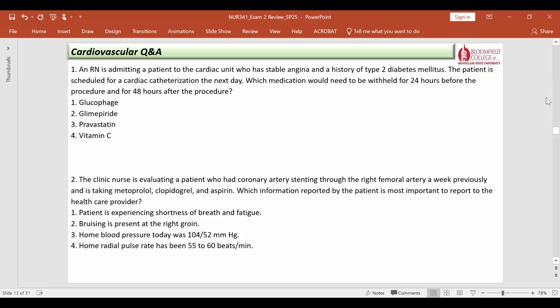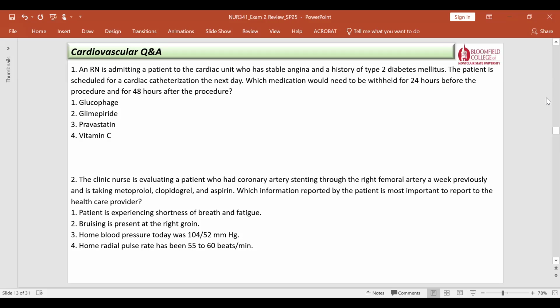These can be math questions, not dosage, but math questions. If you have systolic and diastolic, you take one systolic plus two diastolics, divided by 3, and that will be your MAP, the mean arterial pressure.